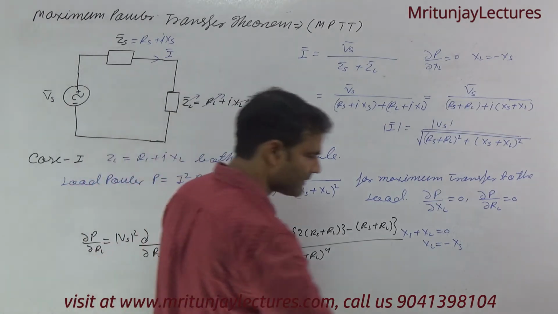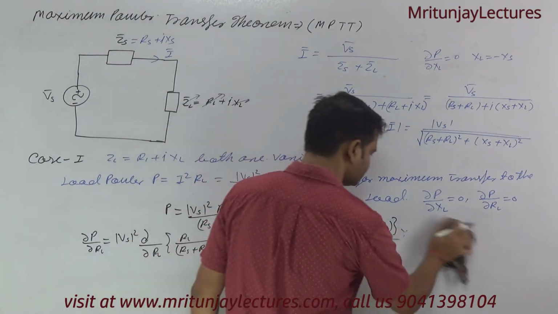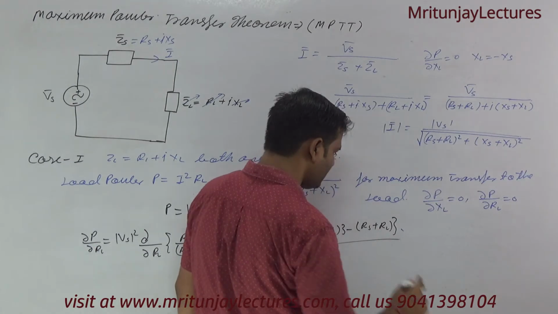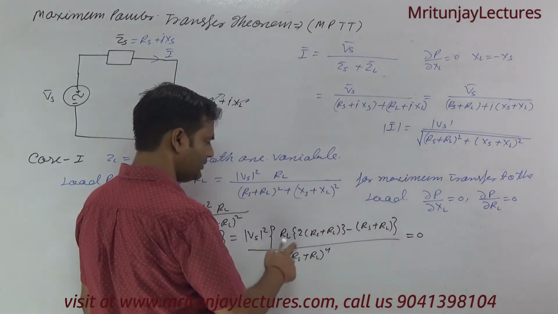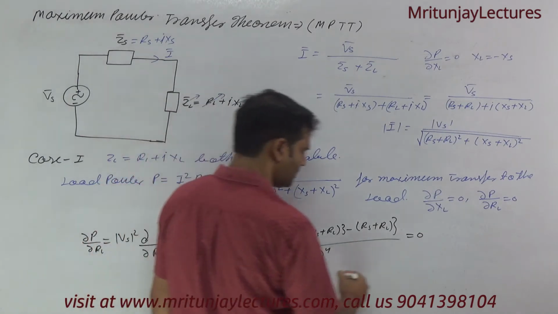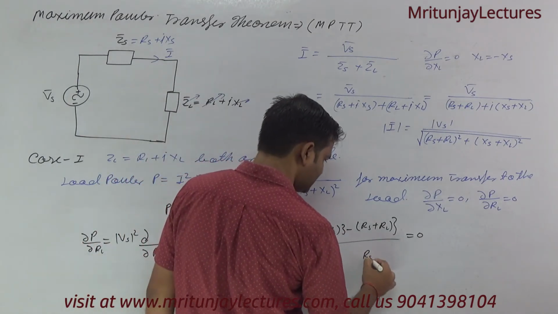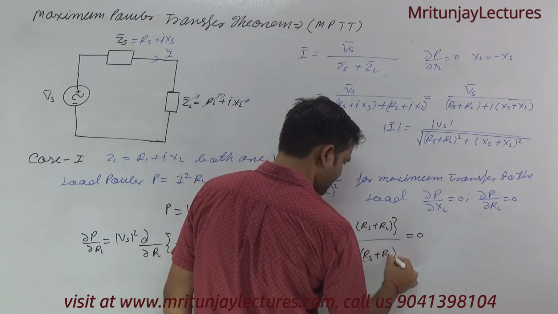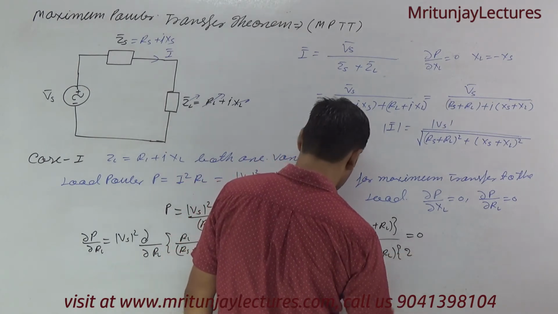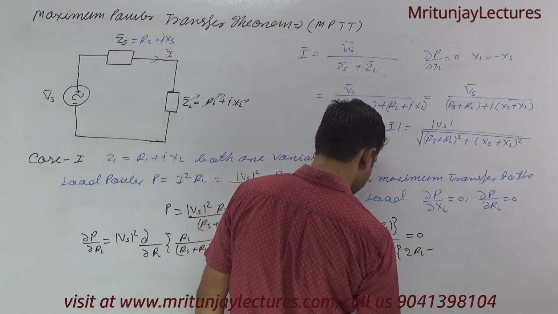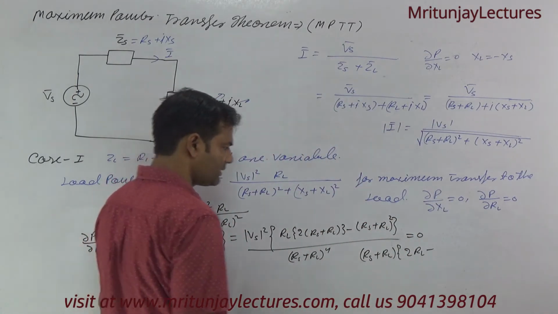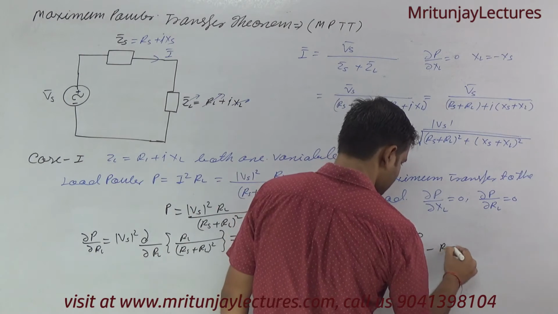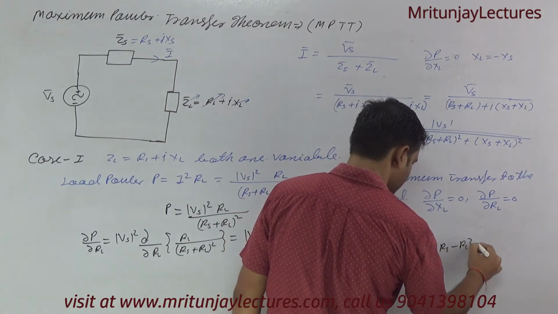So if this is 0, Rs plus RL is common, and we get Rs plus RL minus 2 times RL equal to 0.